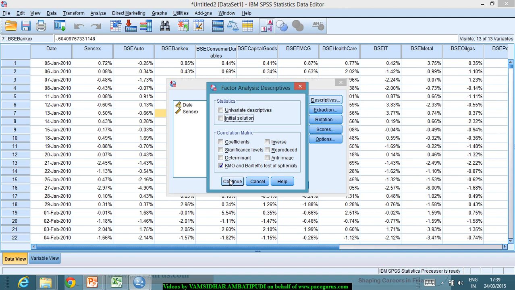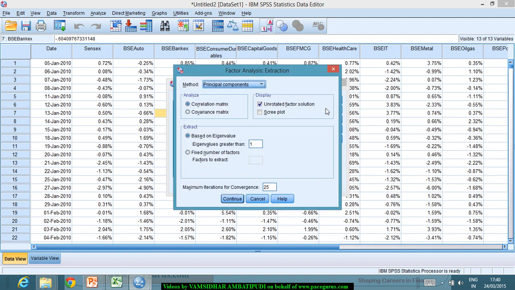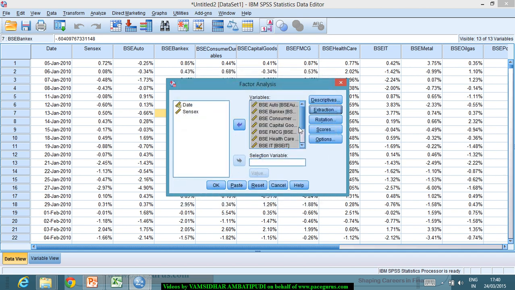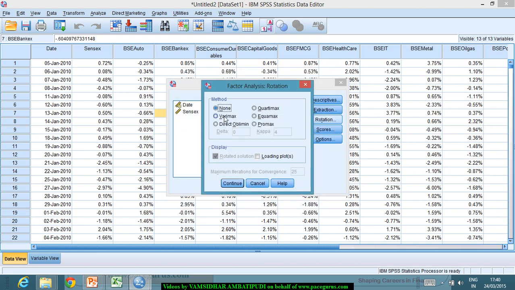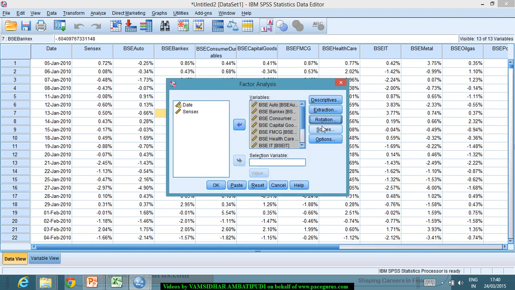Because I am working with 11 variables, I am interested in extracting all the 11 factors. I would also look at the correlation matrix and I would get the principal components. And here we use an algorithm called Varimax rotation algorithm, and I'll get the rotated solution as well.